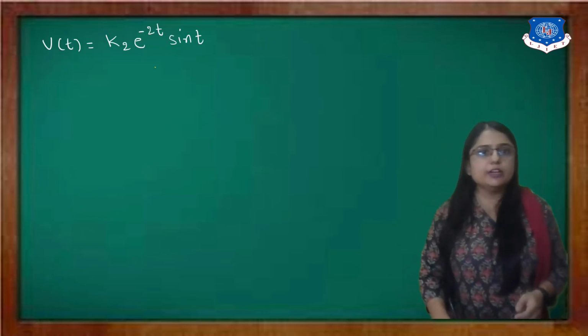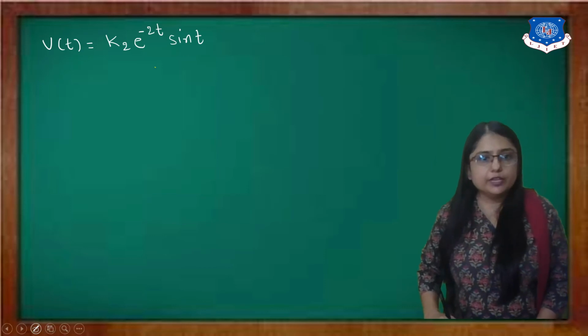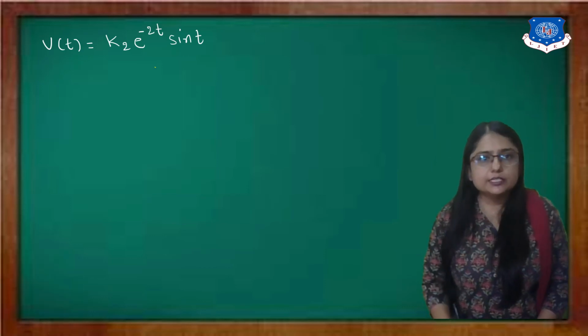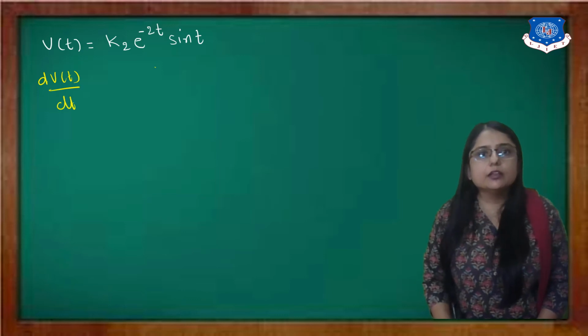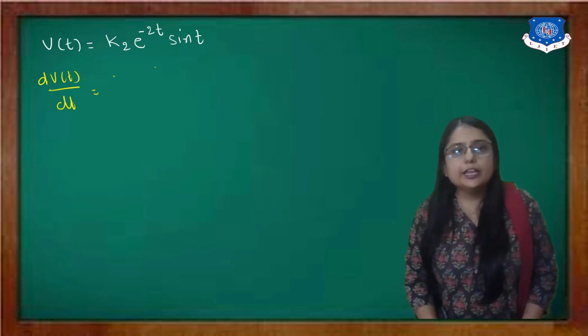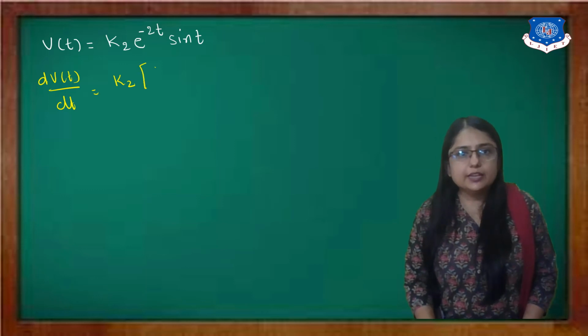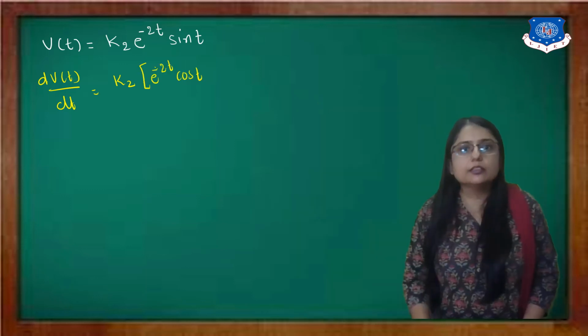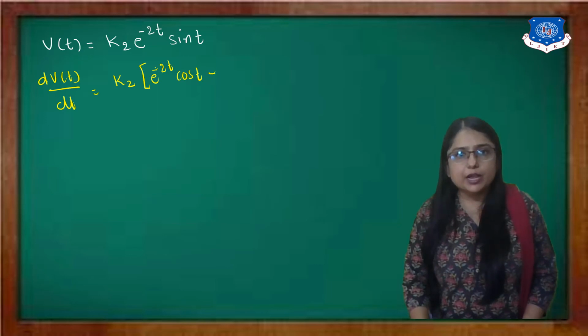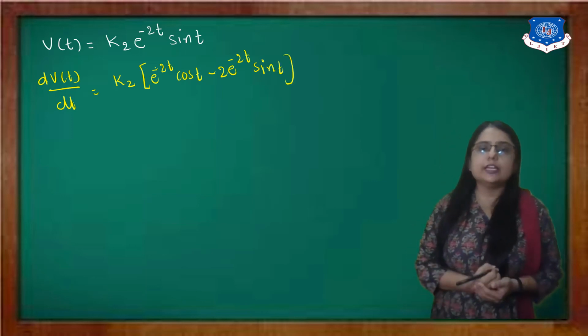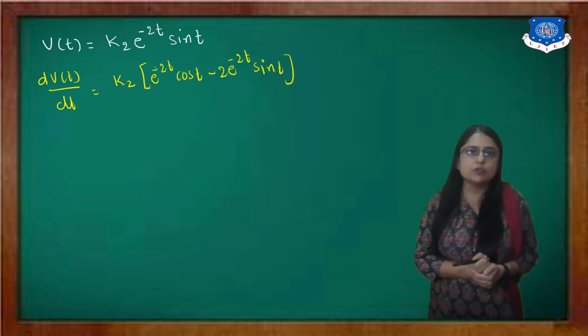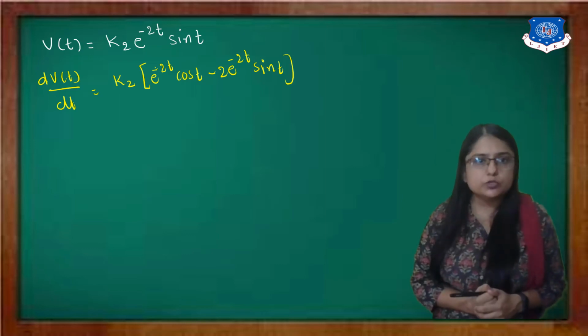Just differentiate this equation. So we get dV of t by dt equals K2 times, the derivative of sin t is cos t, then minus 2 e raised to minus 2t sin t, because the derivative of e raised to minus 2t is minus 2 e raised to minus 2t.